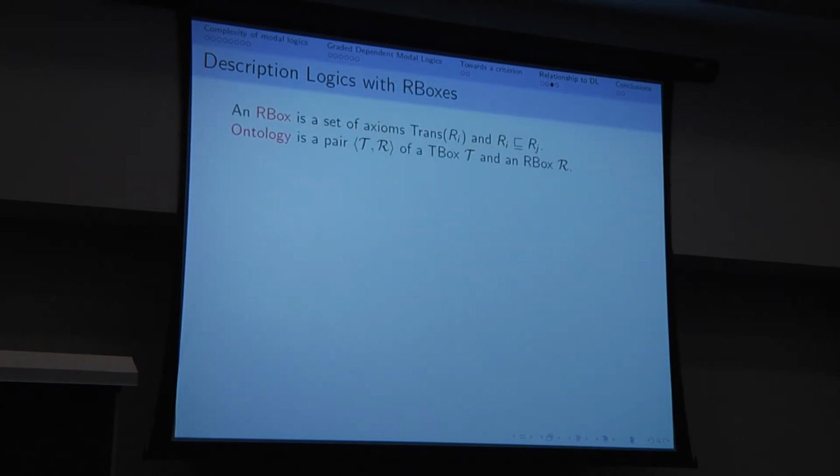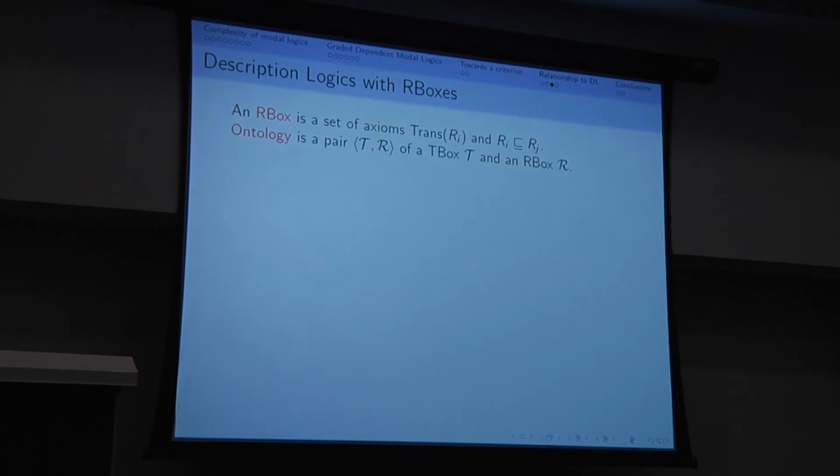And there is also a notion of an RBox in description logic. Originally came from description logic. An RBox is a finite collection of axioms of two kinds, transitivity and inclusion, which is exactly what we had in our logics. So an ontology is a pair of a terminology and an RBox.